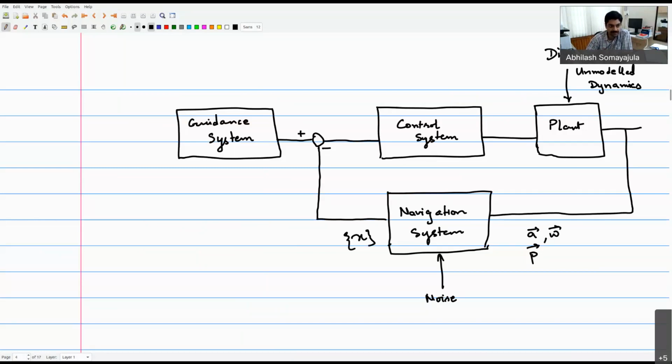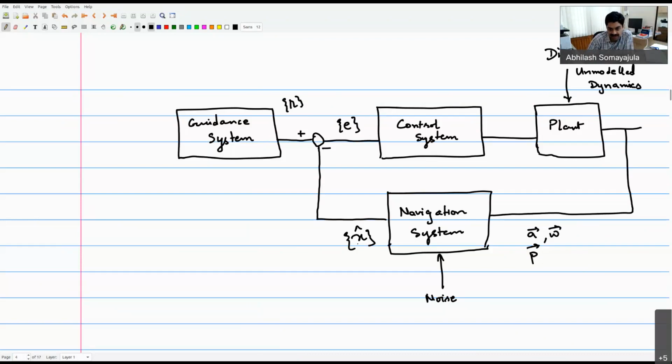So that would be my complete state vector, which we generally denote as x hat, which means that it's an estimated value of the state which we are trying to govern from the measurements which we obtained. And that state is given as an output which gets added to the reference signal which we are providing from the guidance system. So let's say that is the reference signal plus x hat, and that becomes the error.